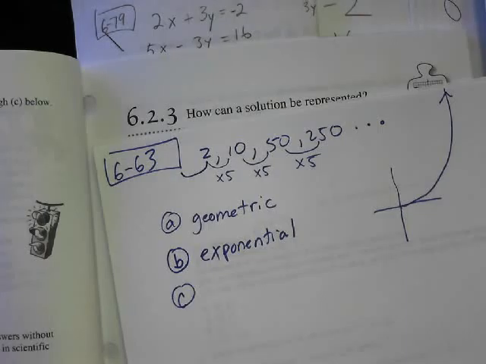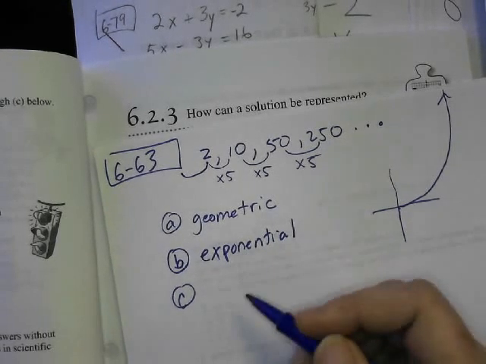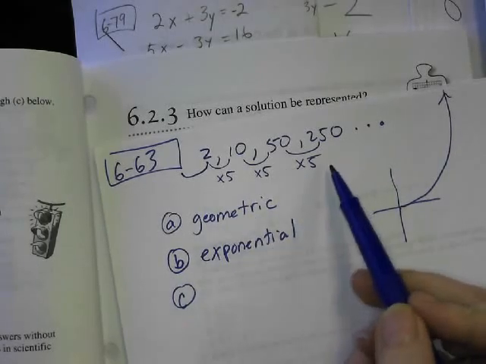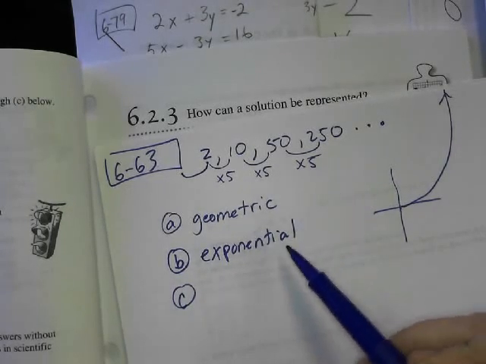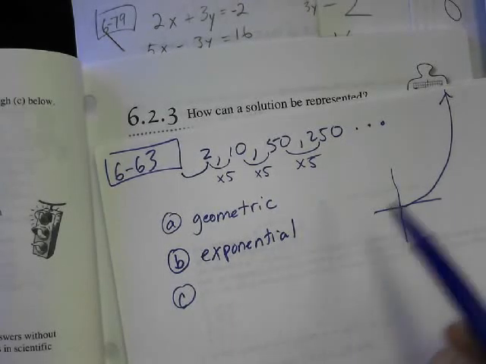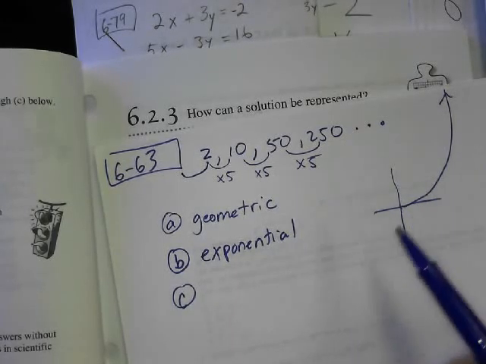The recursive one would just be that it's multiplying by 5, so it'd be like a of n plus 1 equals 5 a of n or something. But this one, it's not going to be like y equals mx plus b, it's going to be exponential. Does anyone remember, like, you know how for a line we have y equals mx plus b?